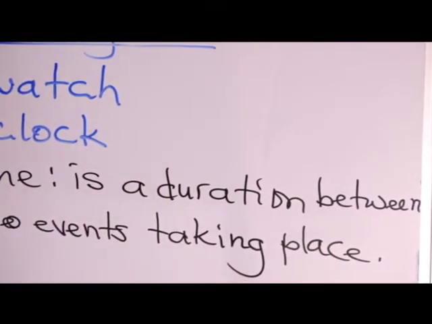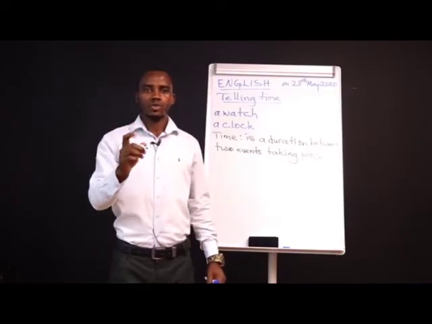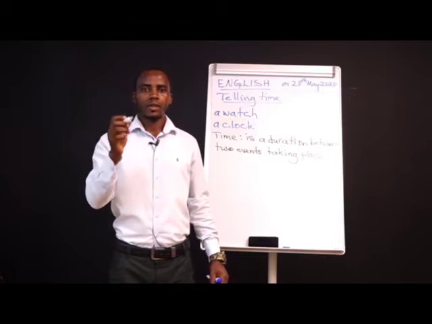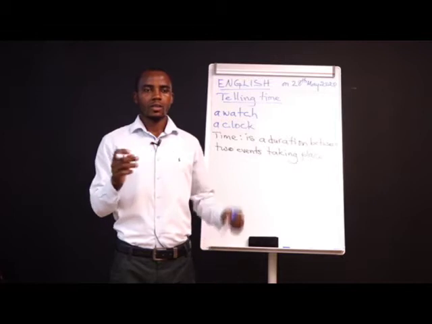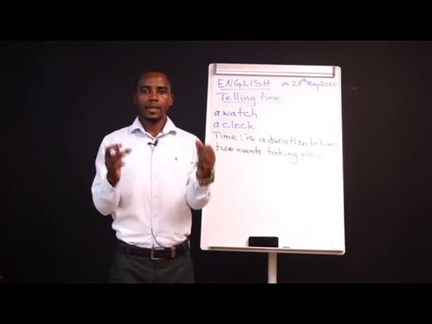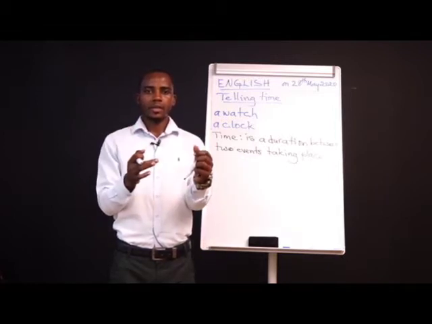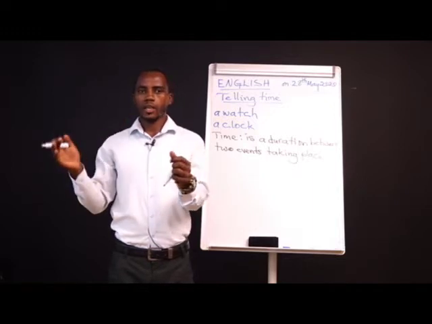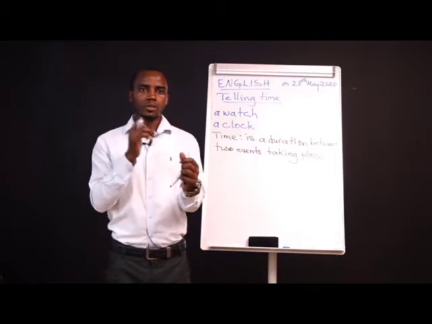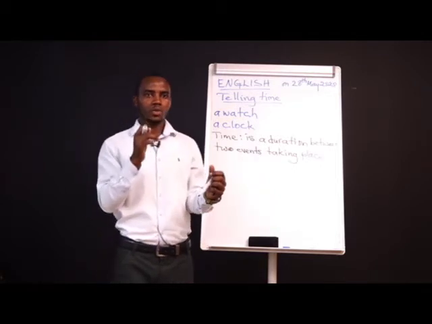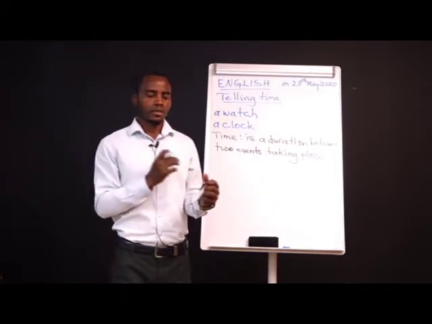Okay, time is a duration between two events taking place. To mean that when an action has happened or has taken place, between one action and the other action, there is what we call time. That's what we call time, the duration between two events taking place.